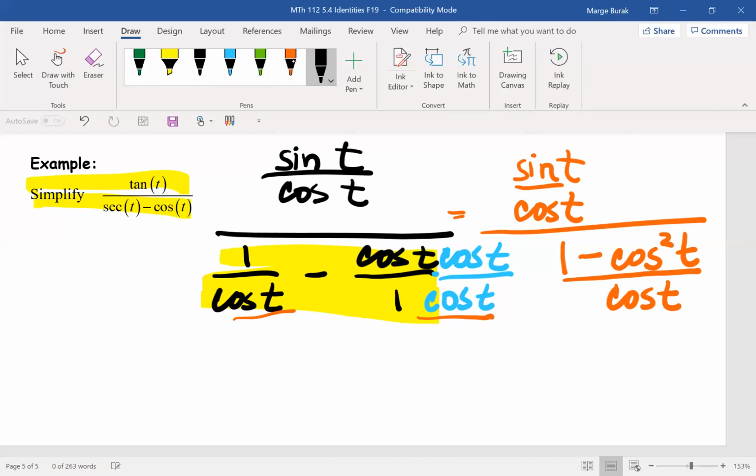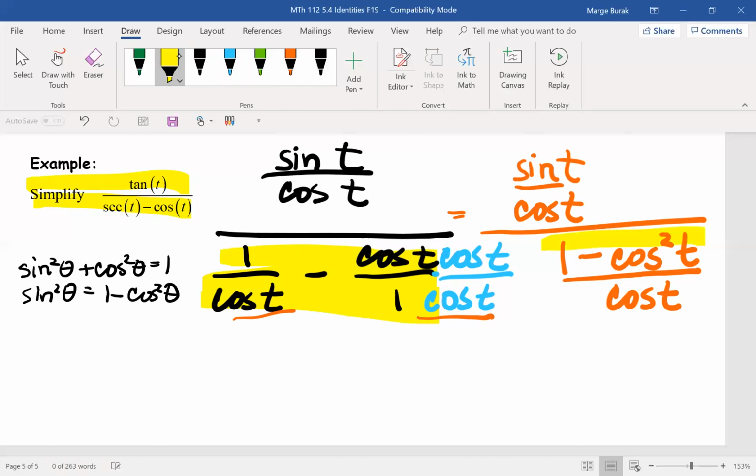All right, so now let's see. If I go to my Pythagorean identities, I know that sine squared plus cosine squared equals 1. So I also know that sine squared is equal to 1 minus cosine squared, right? So I'm going to change this 1 minus cosine squared to a sine squared. Okay, are you ready?